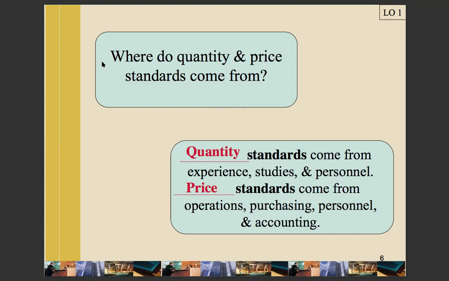In setting the price standard, purchasing must consider discounts, freight cost, and the quality itself. Personnel, on the other hand, has to consider payroll taxes, fringe benefits, and qualifications. Accounting is responsible for recording the price standards and preparing reports that compare the actual performance with the standard. So those are the things each department will cover.